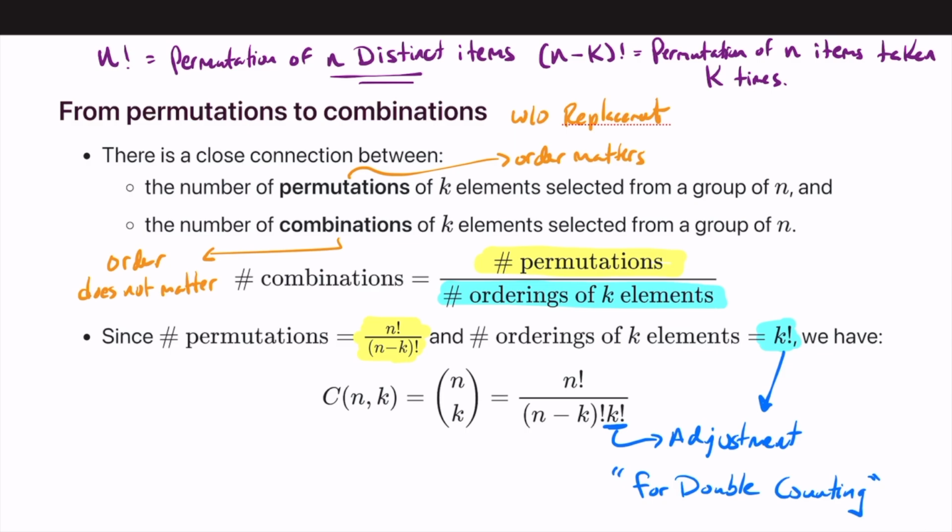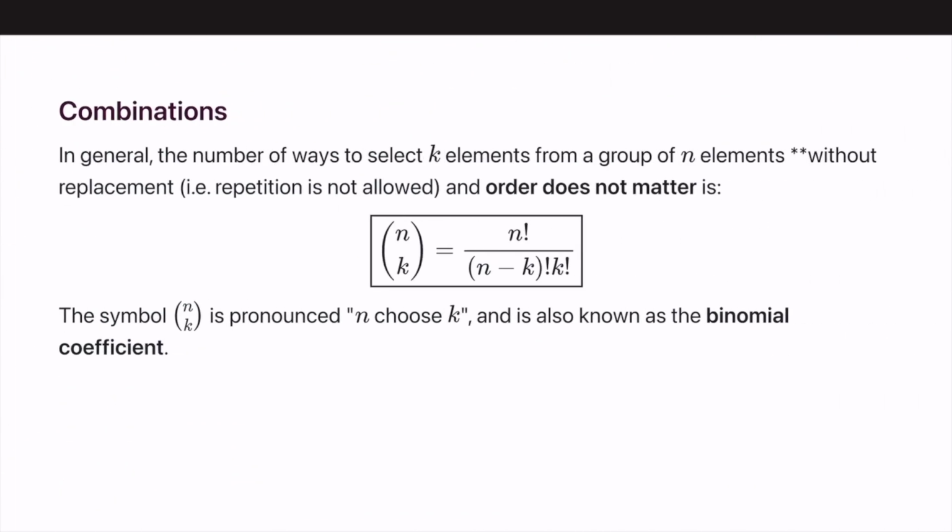So this is the close connection that permutations and combinations have. It's just that with combinations, we care about that adjustment so that we don't have any double counting. Now, in combinations, one first thing to keep in mind is we have a symbol here.